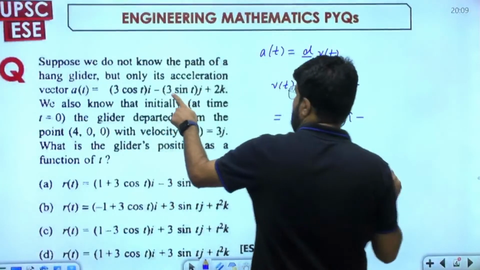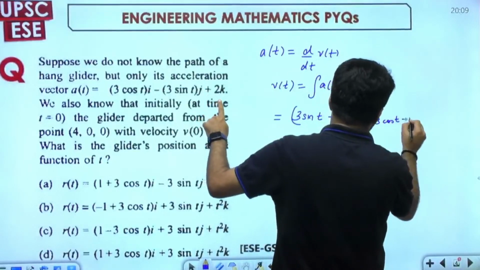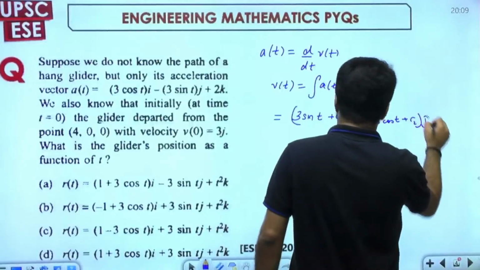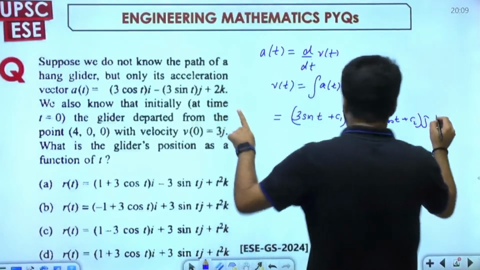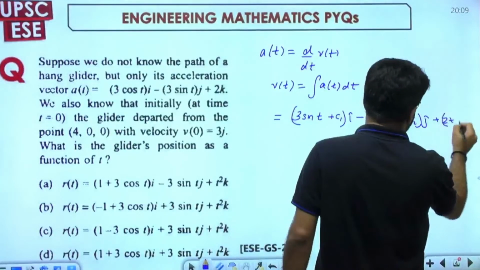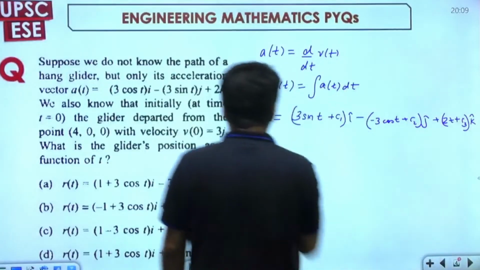Then minus the integral of 3 sin t, which will be minus 3 cos t plus another constant of integration, let's say c2, into j cap. With k cap you have only the constant 2, so the integral of 2 can be written as 2t plus some constant of integration, suppose c3, and this is k cap. This is the velocity function.